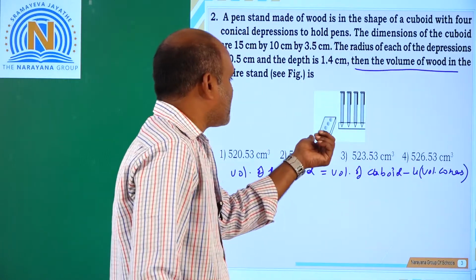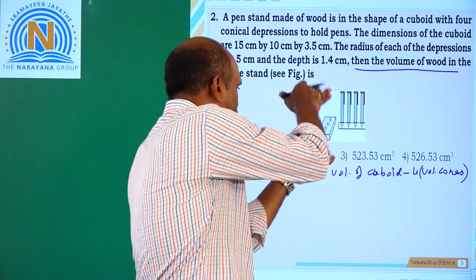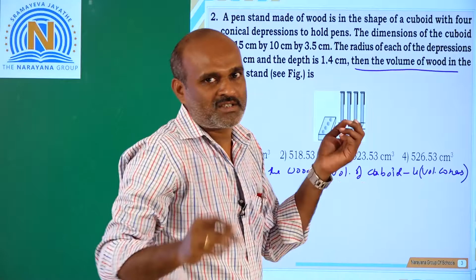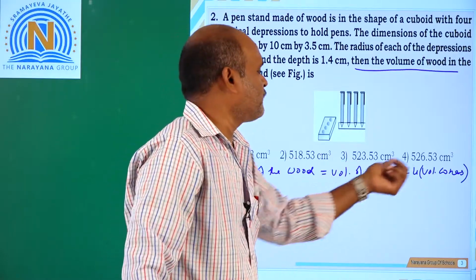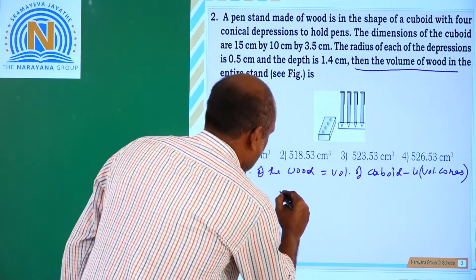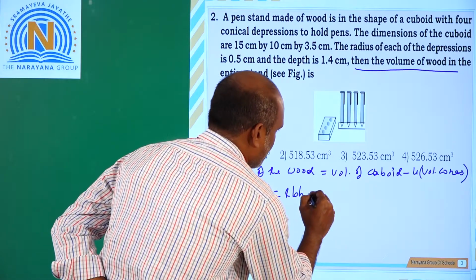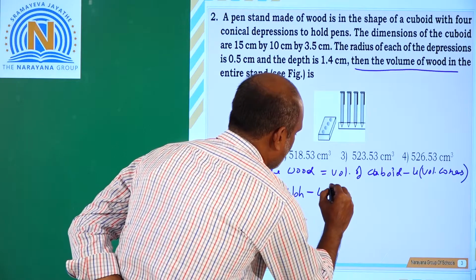How many cone shapes are there? 4 cone shapes. So total volume minus the whole volume of these holes, as the holes are in the shape of a cone. So that is volume of cuboid, L into B into H, minus 4 into volume of the cone.